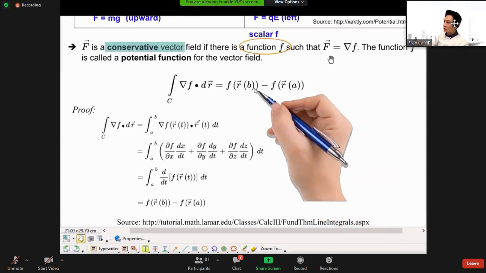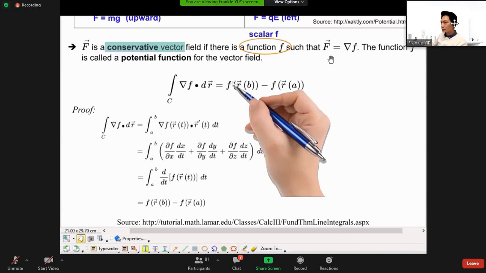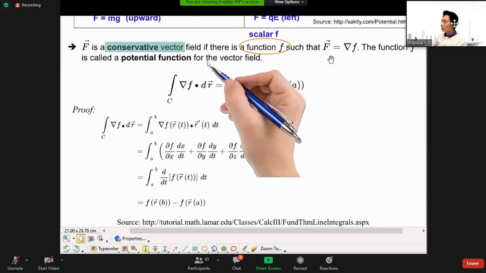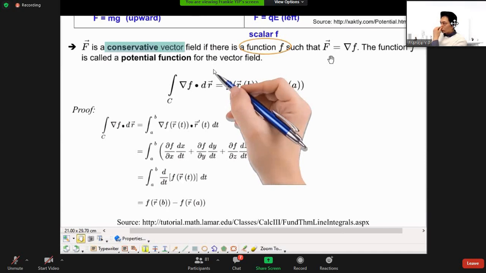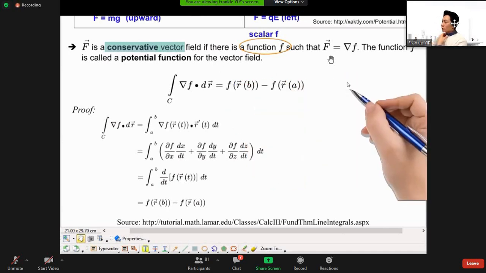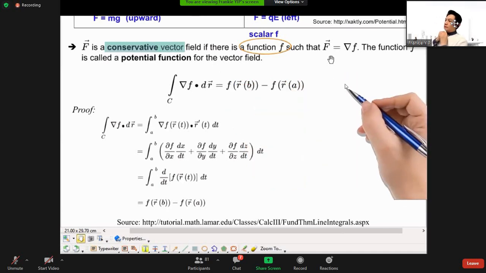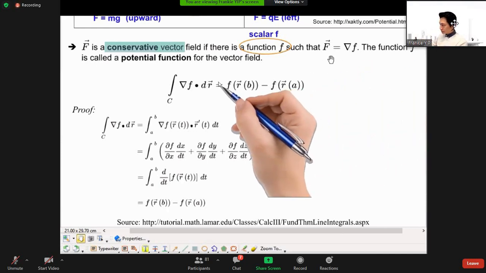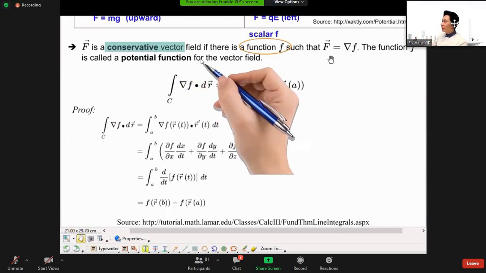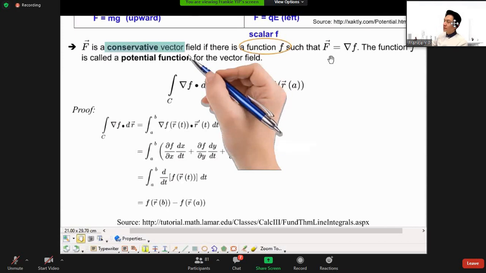Okay, so let's see. Here I would like to prove something extra. F is a conservative vector. That means what?